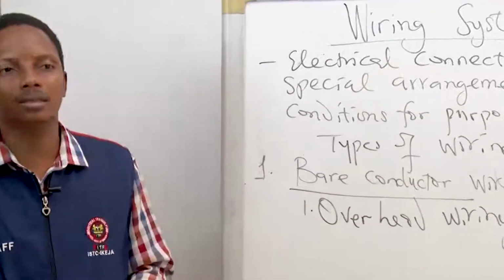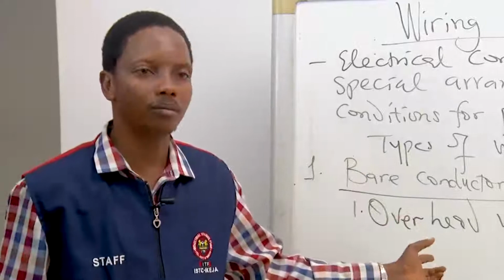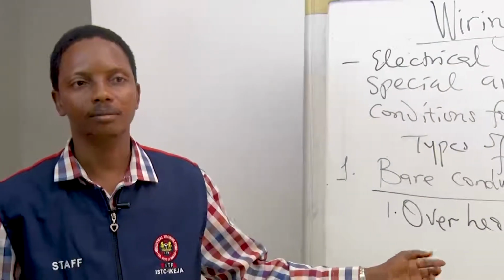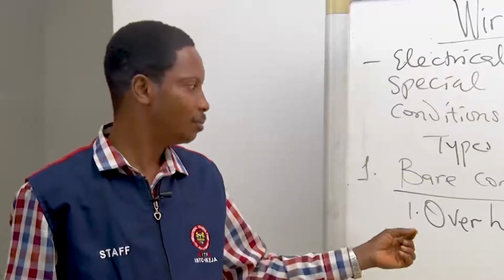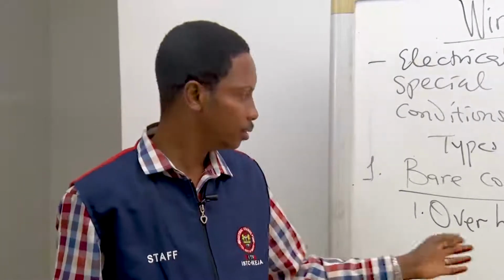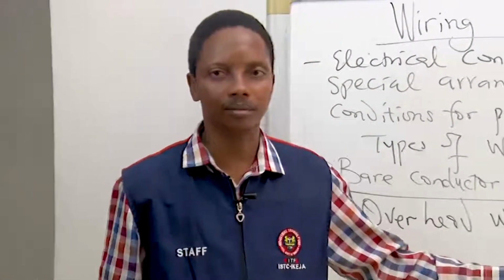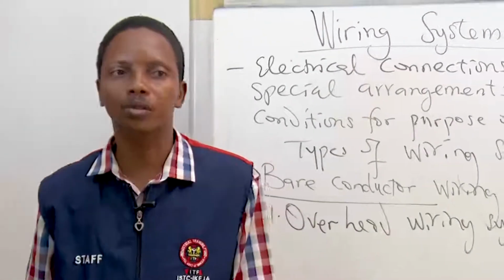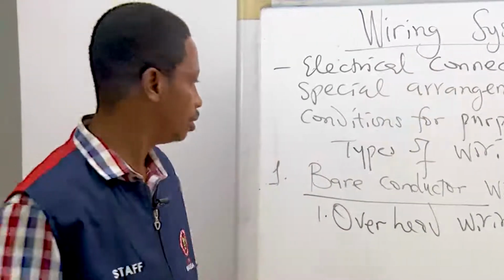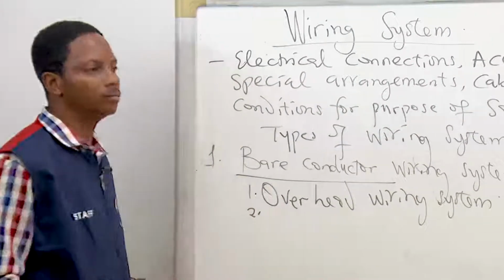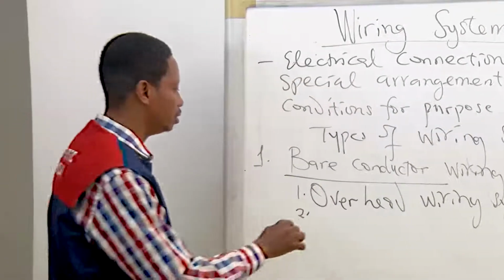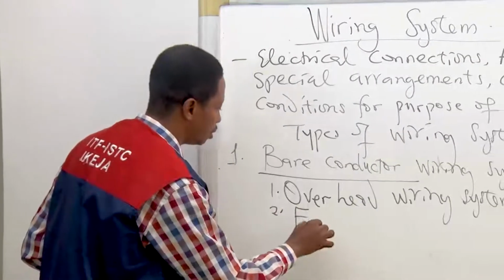Transmission lines are bare conductor. Distribution line is also what? Bare conductor. So overhead system makes use of bare conductor. And the second area where you can use bare conductor is what we call earthing.